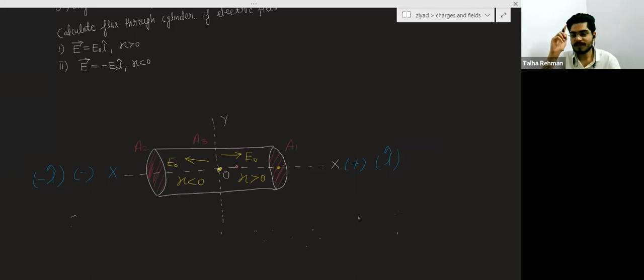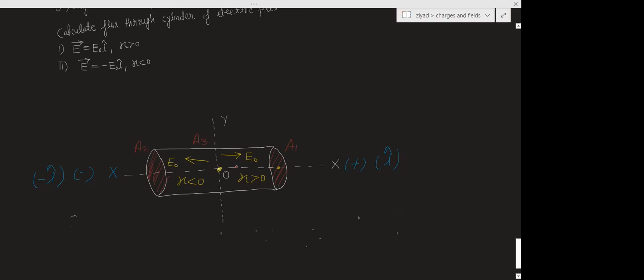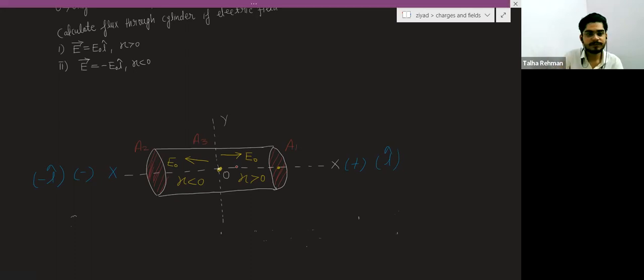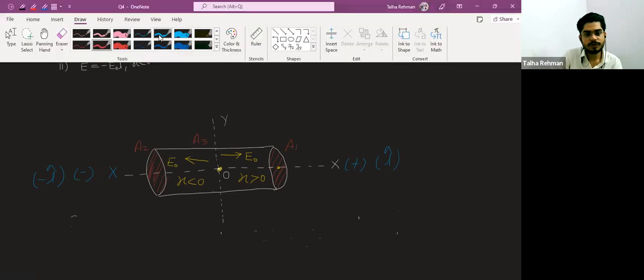And the direction of the electric field is only along either the positive x-axis or the negative x-axis. Now we will use not the area, but the area vector, because we have to find the angle between the electric field and the area vector.